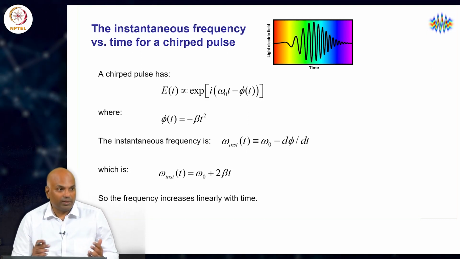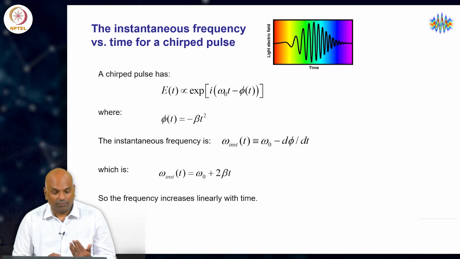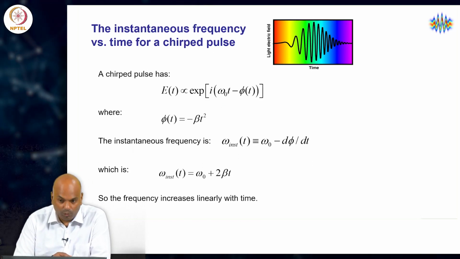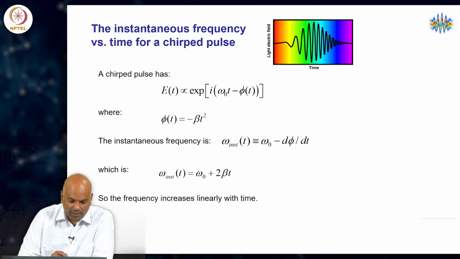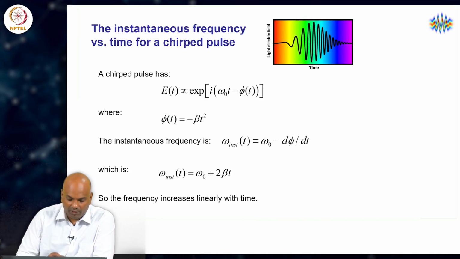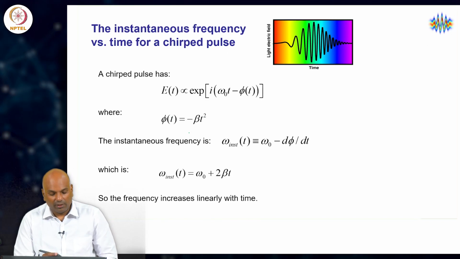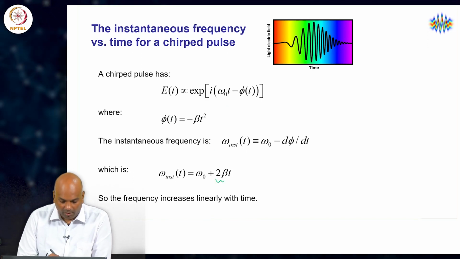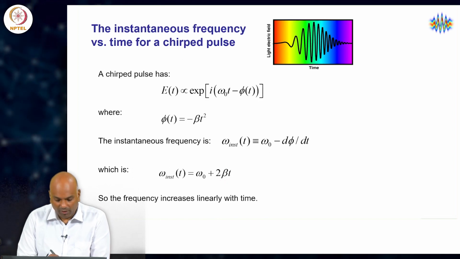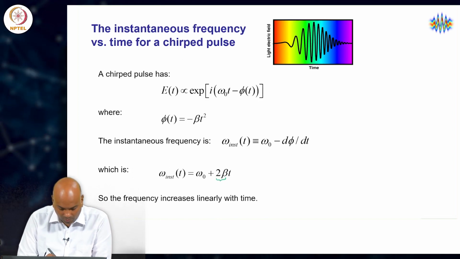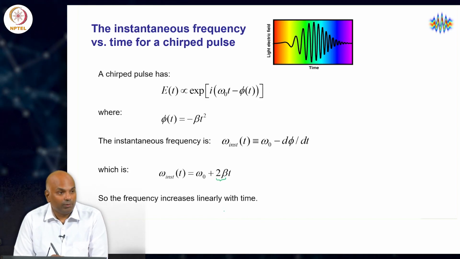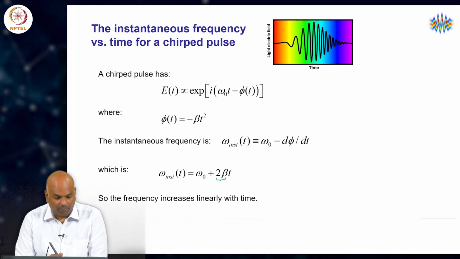The spectral phase is very smoothly behaved in that case, and beta is the chirp parameter, which tells us that when I take the time derivative d phi by dt, the beta t square term gives rise to a 2 beta t in the instantaneous frequency.